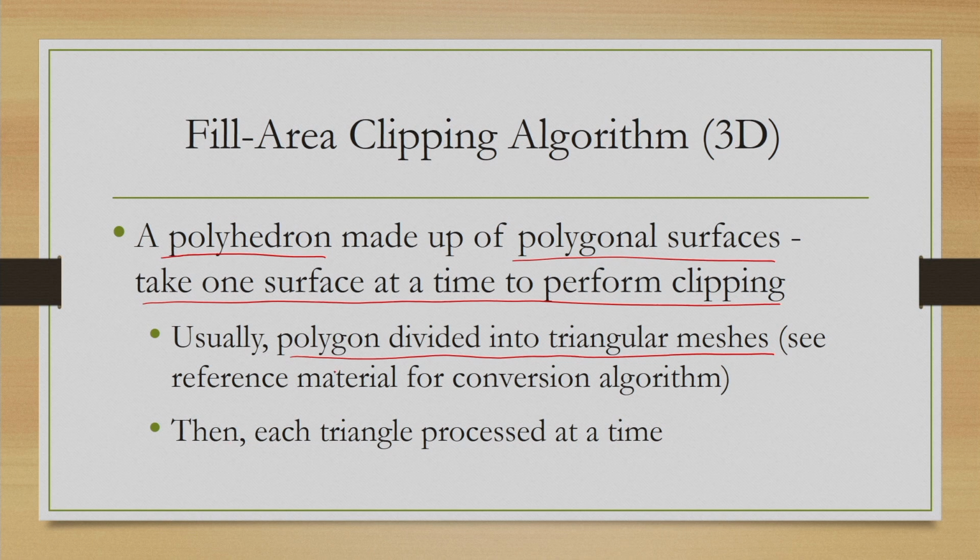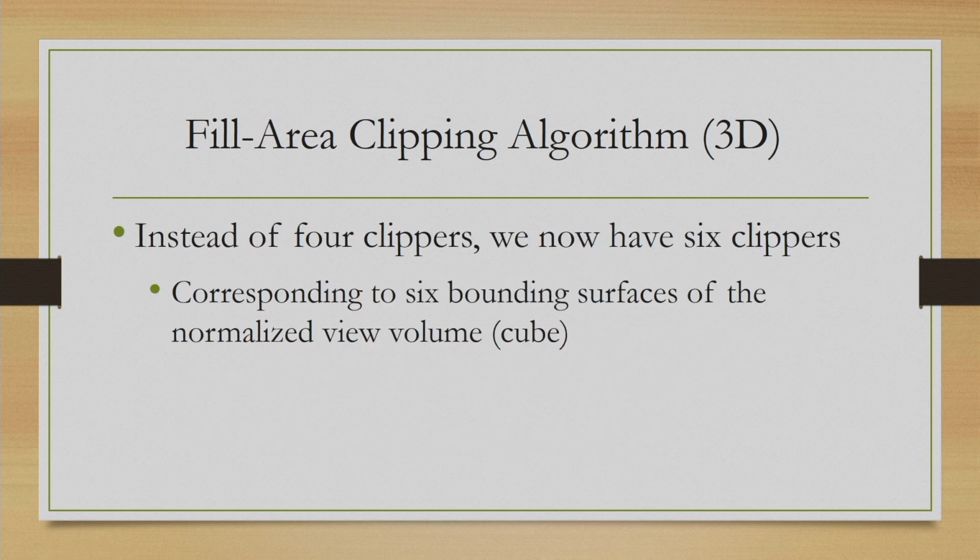Using those algorithms, we can divide a polygon into a triangular mesh, and then each triangle is processed at a time. And the second difference is, instead of the 4 clippers that we had earlier, we now have 6 clippers, which correspond to the 6 bounding surfaces of the normalized view volume, which is a cube.